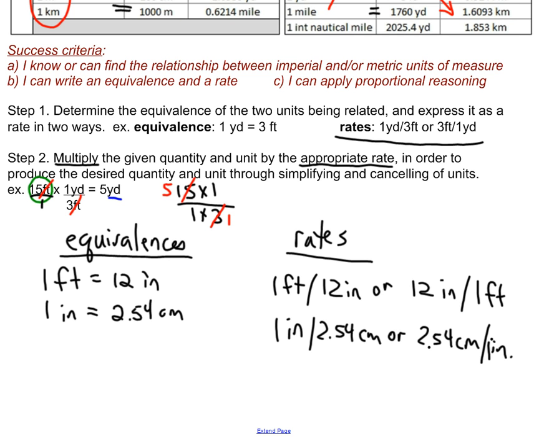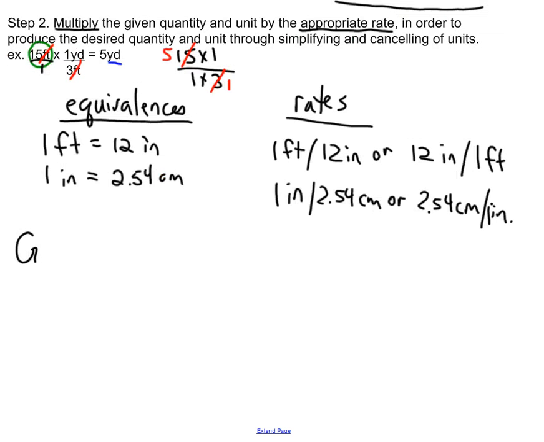Now, let's start out with the given quantity, which we make up. So let's say we're trying to go from centimeters to feet, and the given is 123 centimeters. I'm just choosing that amount, something that has meaning to us. So what is 123 centimeters? More than a meter. How many feet is that?